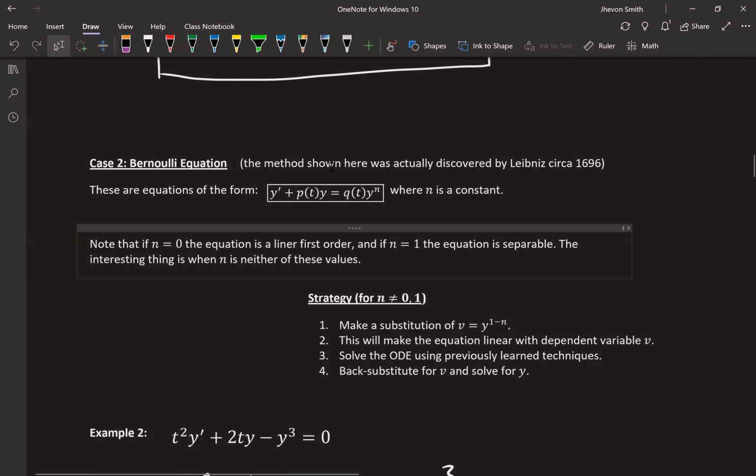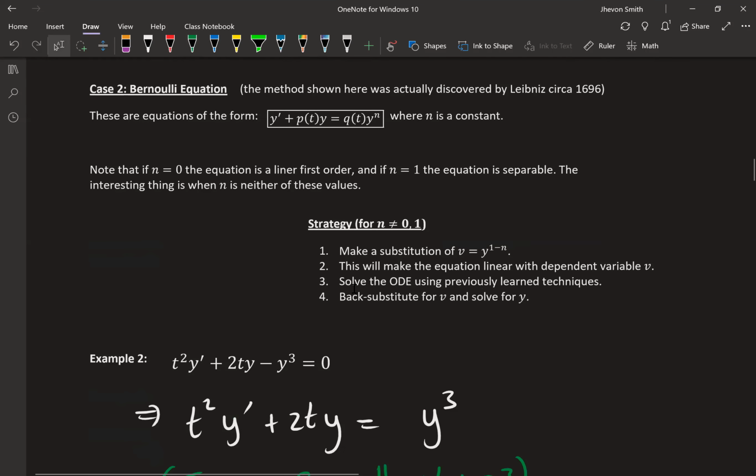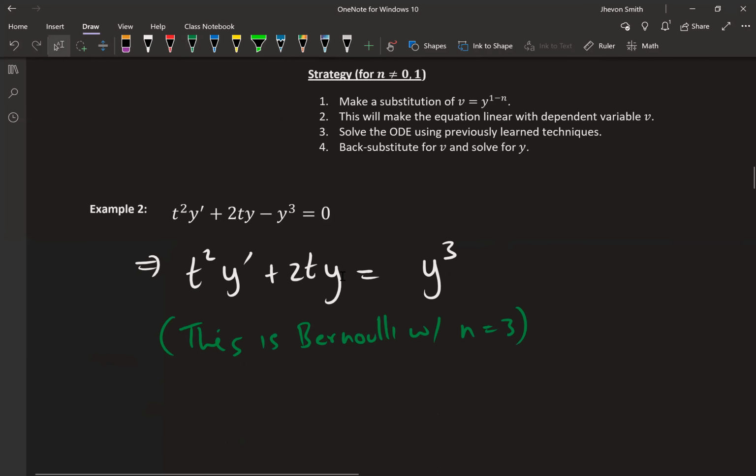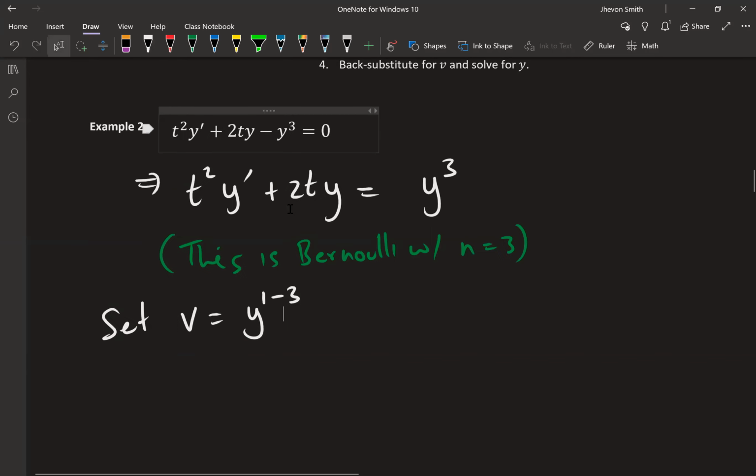My q of t is 1. My p of t is actually 2t. Well, my p of t is what I would get when I divide through by the t squared. Okay, so this is an equation, and I can now identify it as Bernoulli. Once you recognize it's Bernoulli, this is the method that you go by. So what we're going to do is set v equals y to the 1 minus 3, y to the 1 minus n.